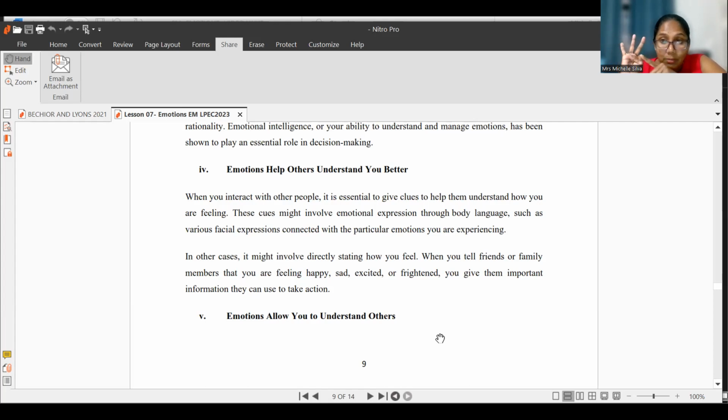Second, you should be able to control your emotion if it is negative. Third, you should be able to understand others' emotions and help other people to control their emotions. And finally, you have a very successful, healthy relationship with them. So if you can understand your emotion properly, then you can control it, and then you can understand other persons' emotions as well.